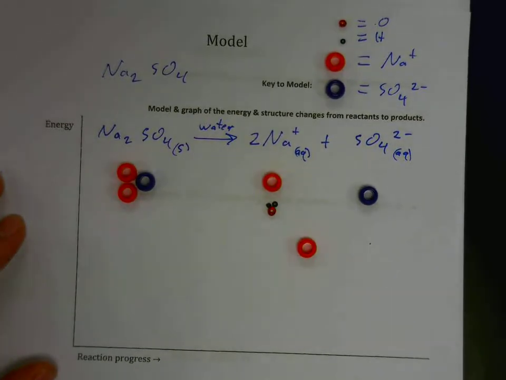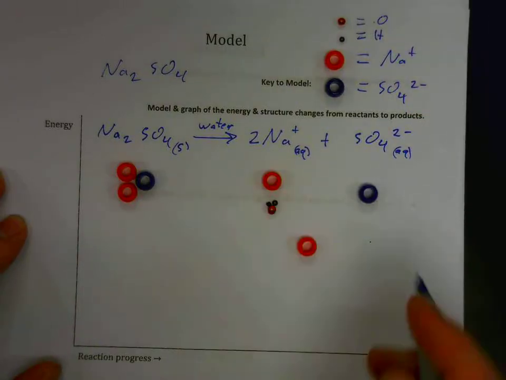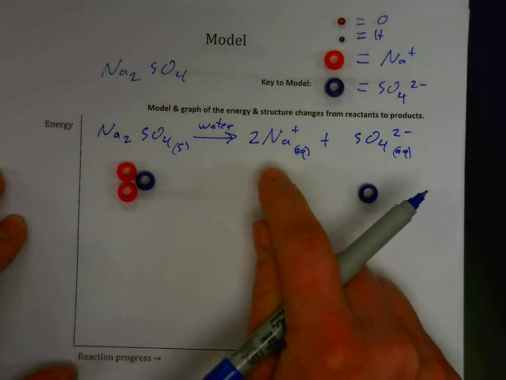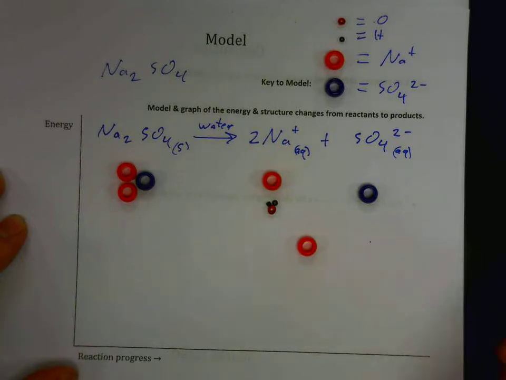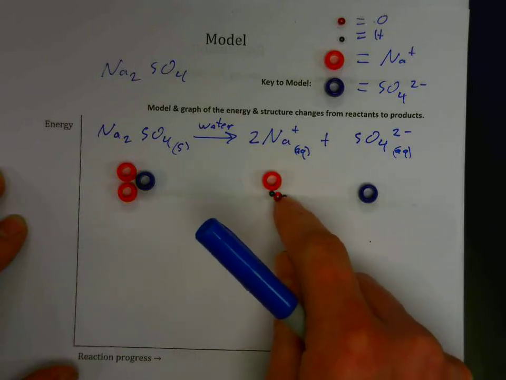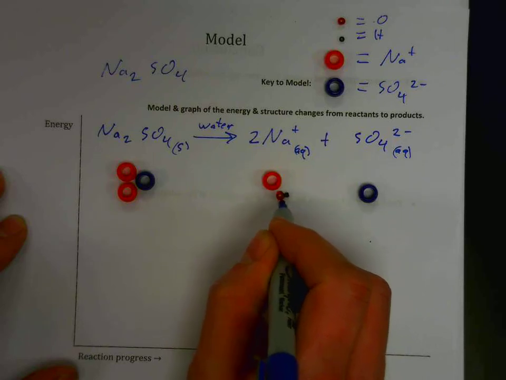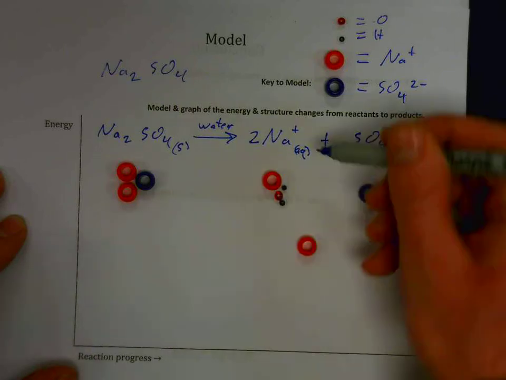So given that we have water represented by these small beads, if the sodium is positively charged, what part of water would be attracted to that? So we'll need to show some water molecules there, indicating the right kind of attraction to them.